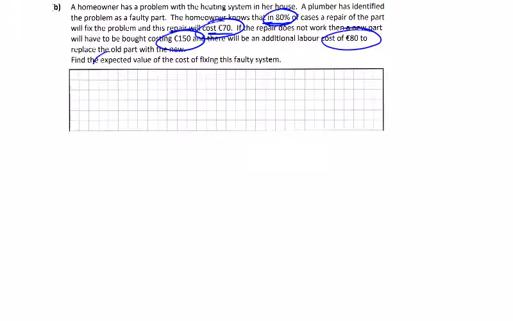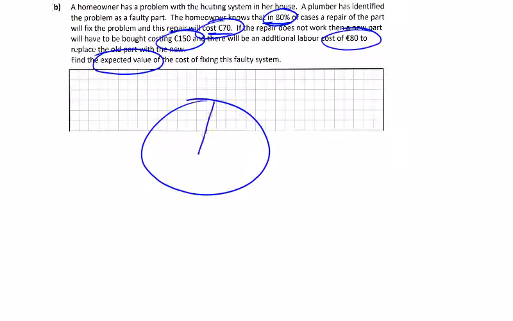Find the expected value. So we're dealing with an expected value question. We can do a pie chart. There's two things that can happen here. We don't need to worry about the angle. This is just a sketch. So this is your 70 euros, and this is 80% of the time, and this is 20% of the time.